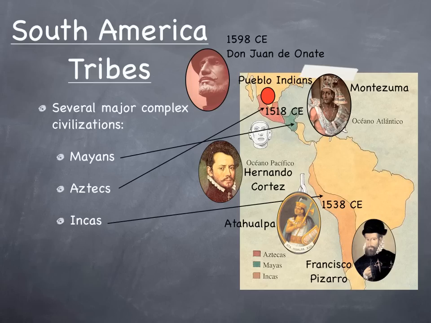So this caused a lot of discontent amongst the Pueblo Indians, and a revolt was led by a man named Pope, who was a Pueblo Indian, and it took Spain about 12 years to kind of reclaim the area and bring it back into their empire.